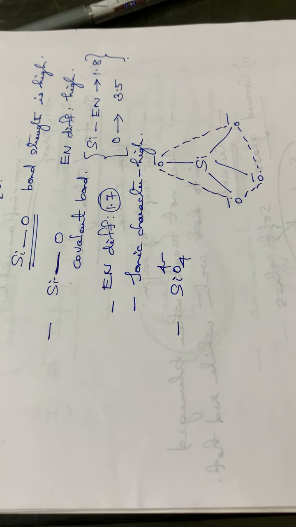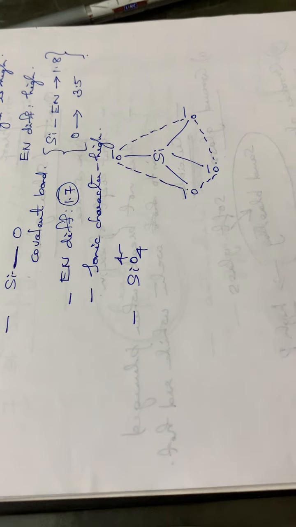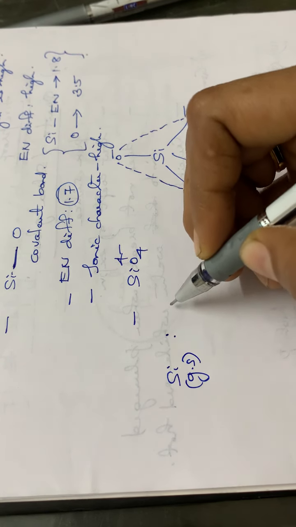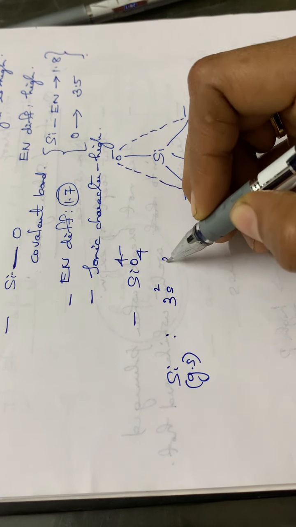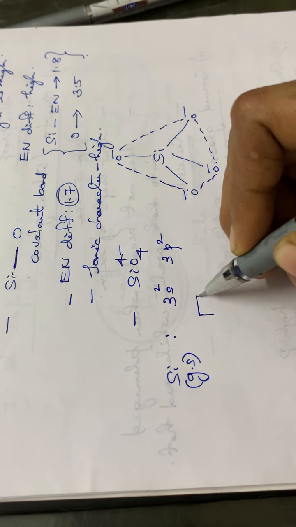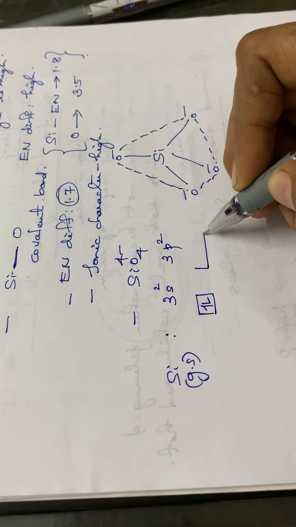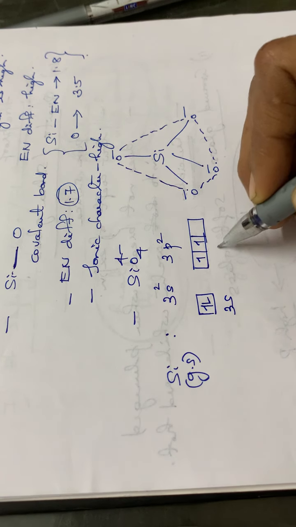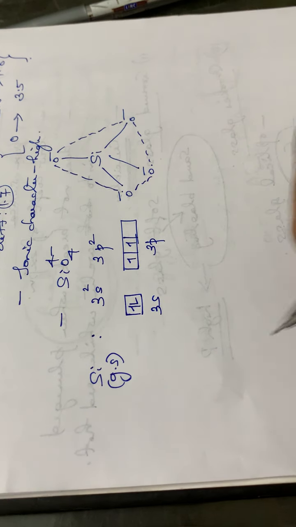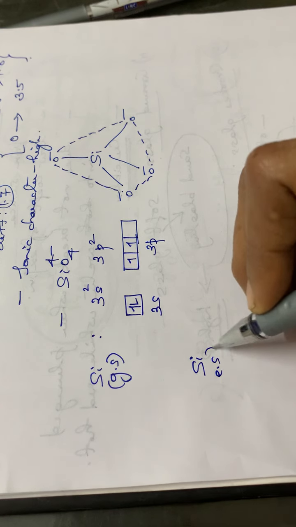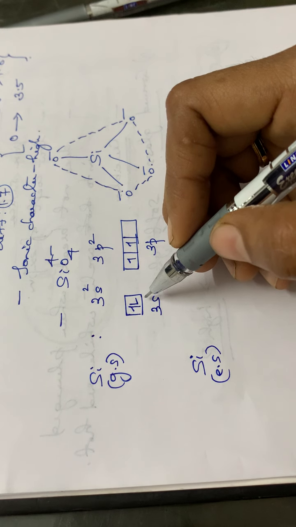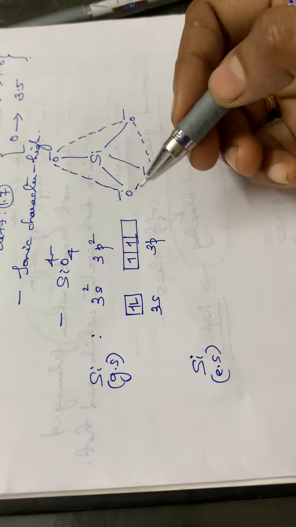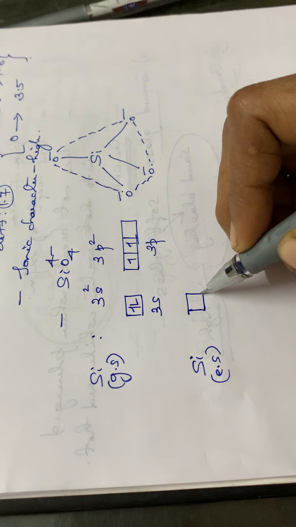Now, moving to the hybridization of silicon: in the ground state the electronic configuration is 3s2 3p2. In the excited state, an electron from the 3s orbital is promoted to 3p, so partially filled orbitals are there.